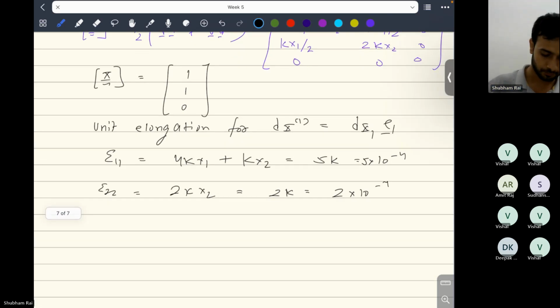Now you have to find out the change in angle between two line elements.